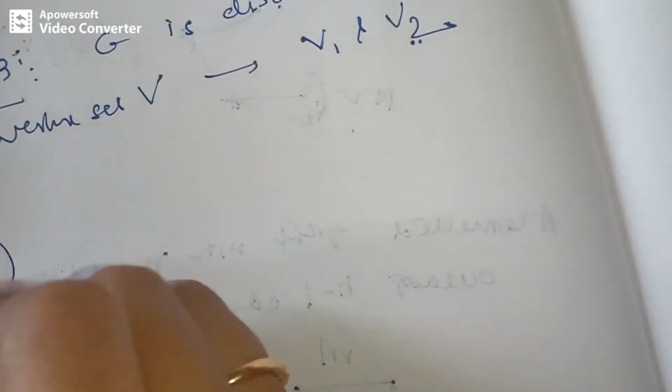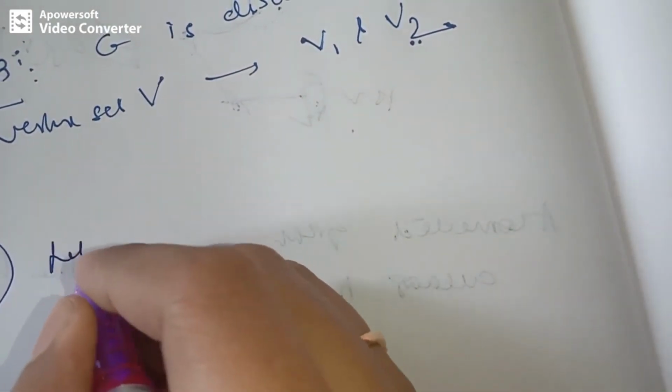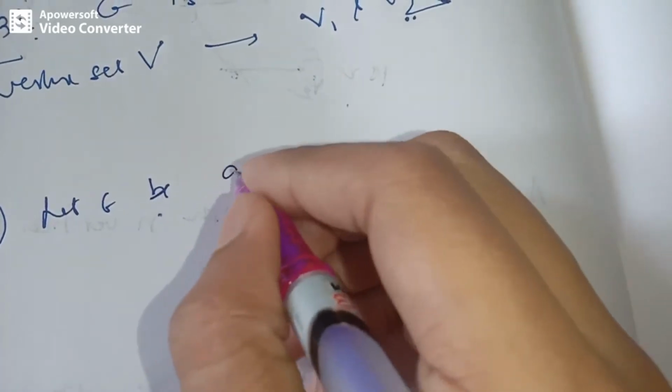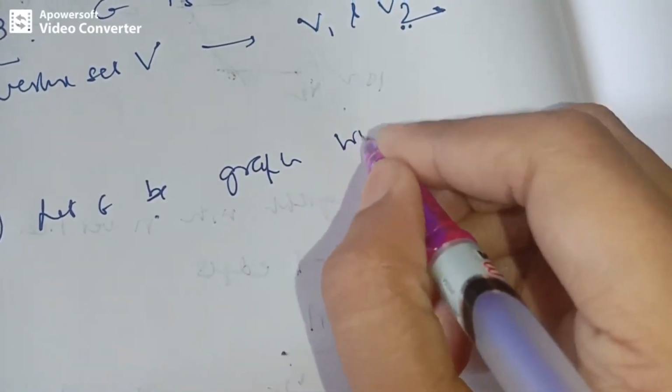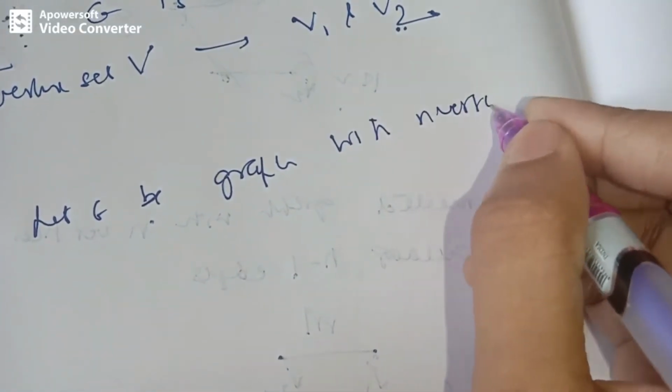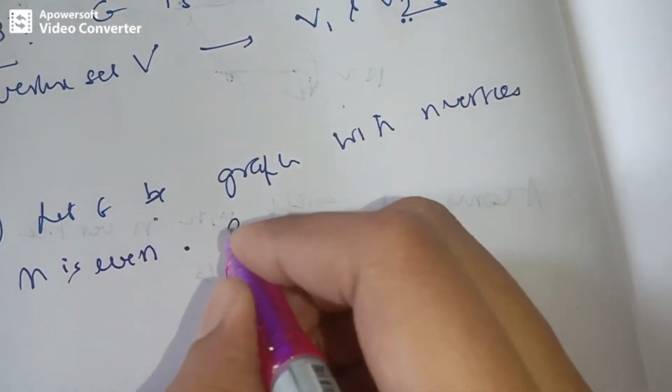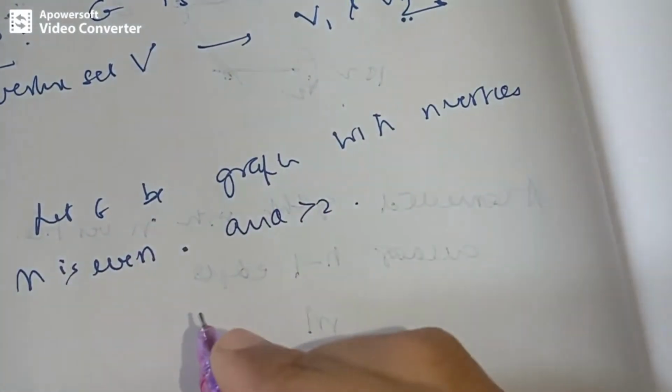So let's move to the questions under this concept. Let G be a graph with n vertices, where n is even and greater than 2.